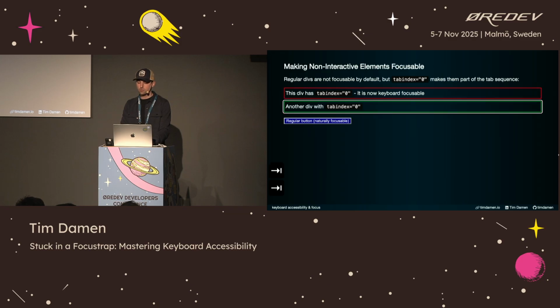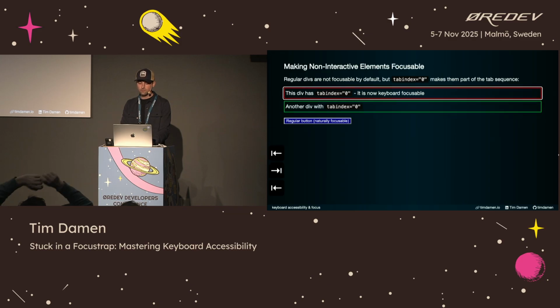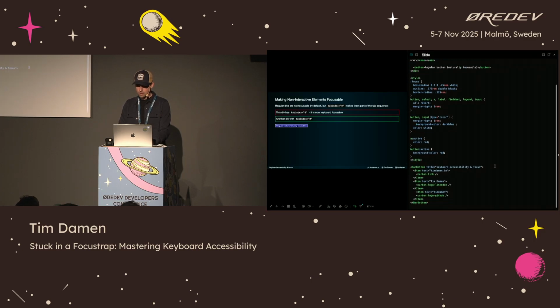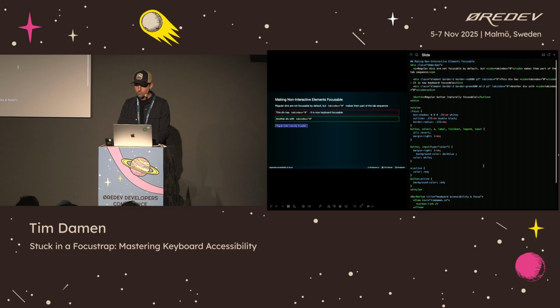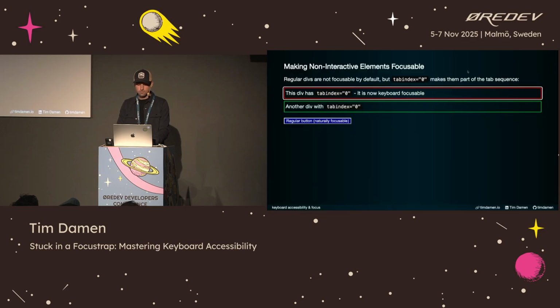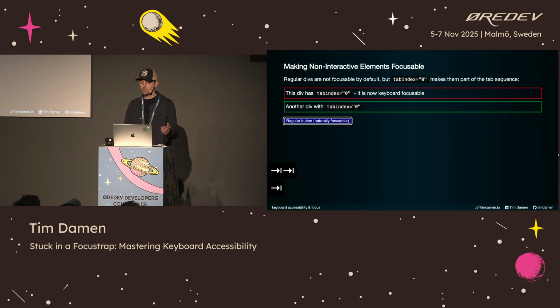For example, these two, I give tabindex 0, like you can see right now. Here it is, tabindex 0, tabindex 0. And the button, of course, naturally is focusable.